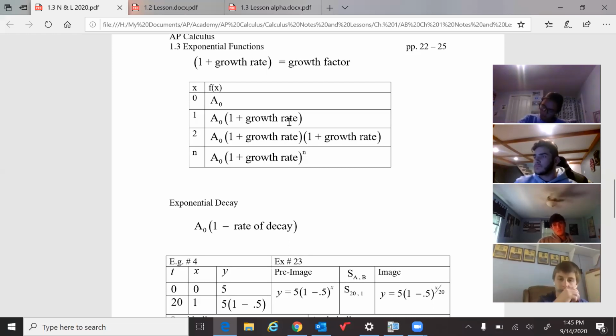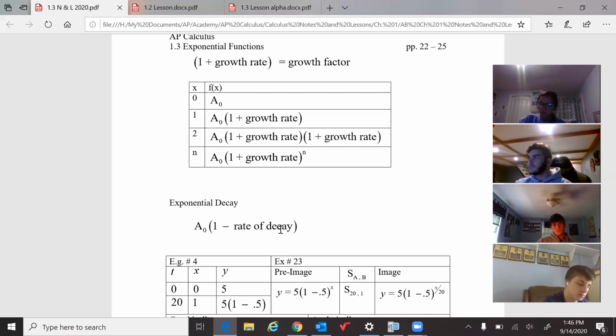After 2 time periods, you would have the term above it times the growth factor again. And after n periods, you would have n as an exponent, because exponents are shortcuts for multiplication. That's exponential growth. And the reason we write it that way is because with exponential decay, of which half-life is one example, it would just be 1, subtract the rate.